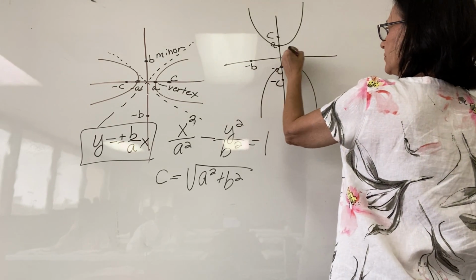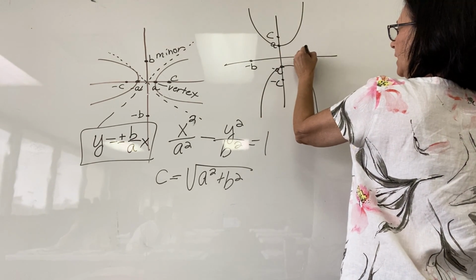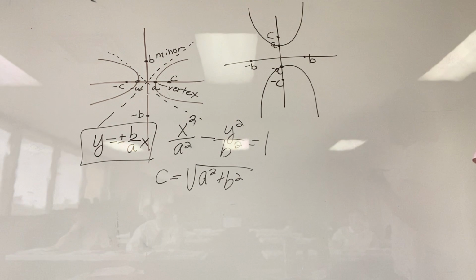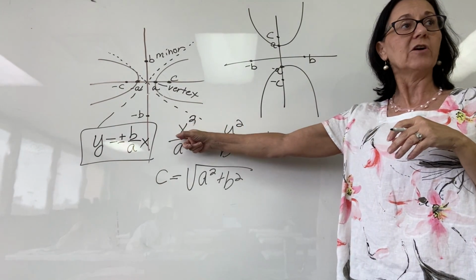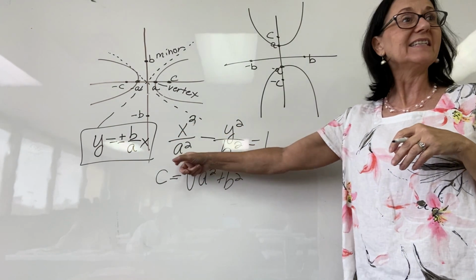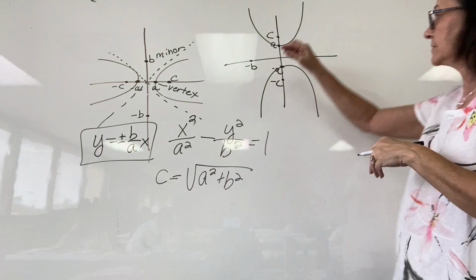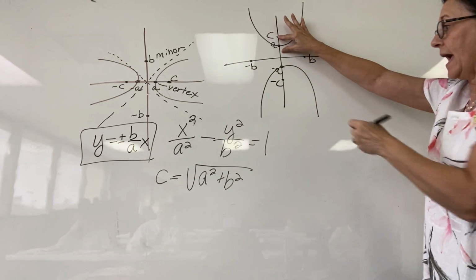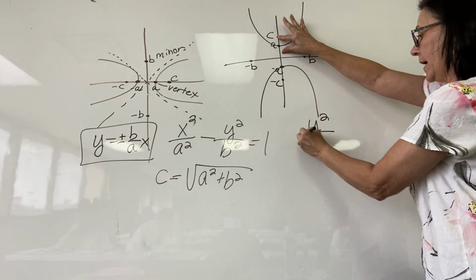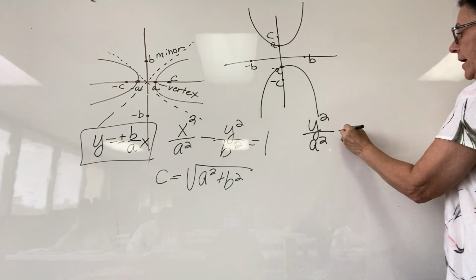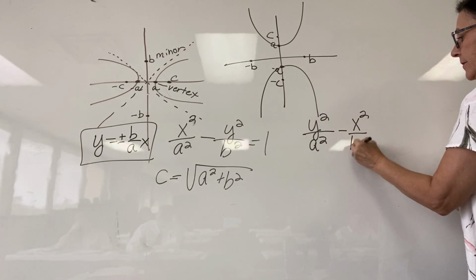Our B values lie on the x-axis. And now instead of x being first, because A dictates what value goes first, since A's on our y-axis, it's going to be y squared over A squared minus x squared over B squared equals 1.